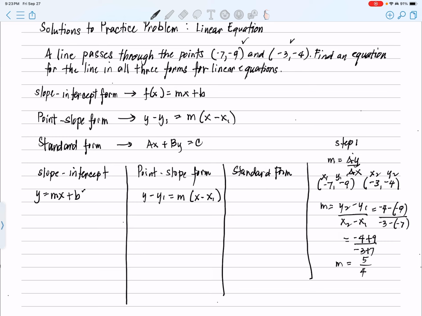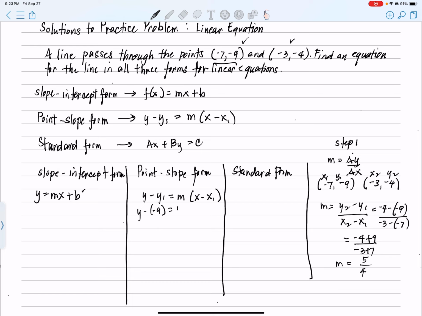Then afterwards, I could derive it into a slope-intercept form. Okay? All right. So I'm going to use this point, the first point. Y minus y sub 1 is negative 9.